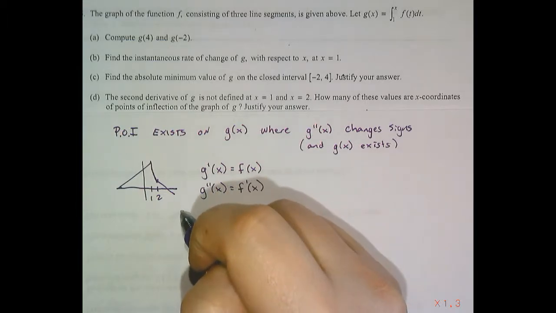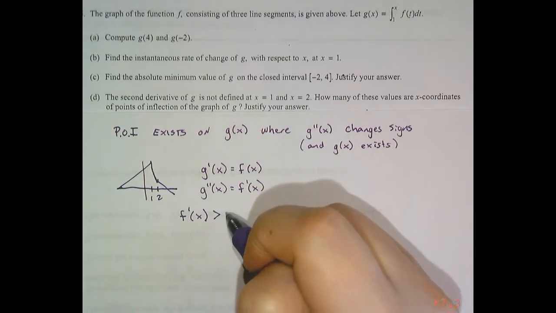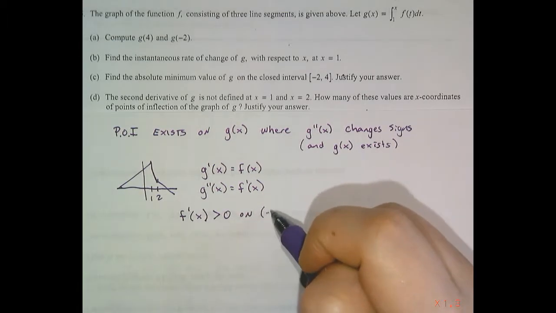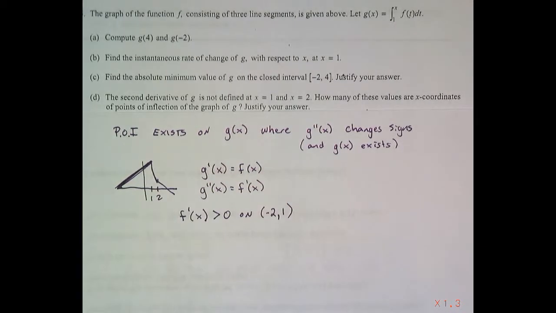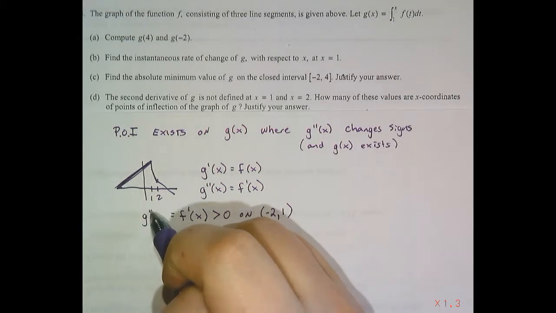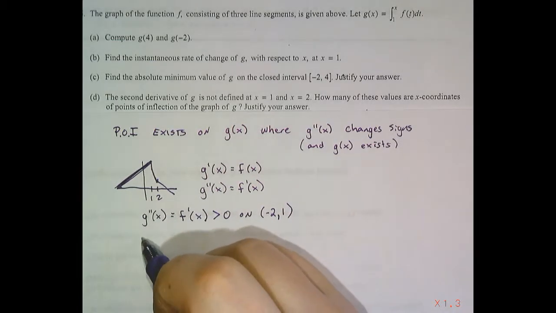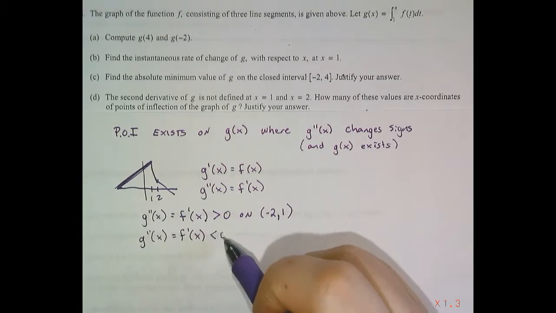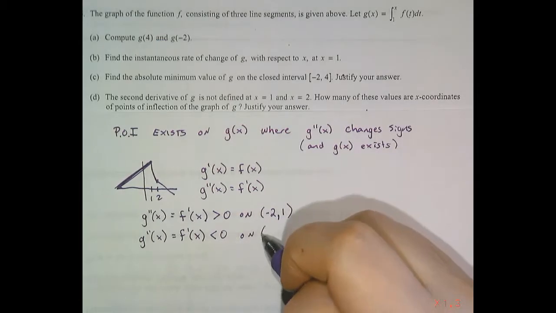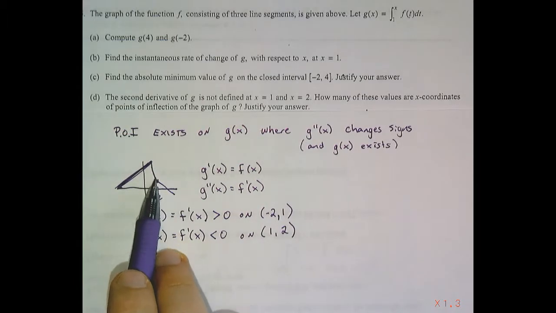So f prime of x is greater than 0 on the interval -2 to 1 because f is increasing. So consequently, we can also say that g prime prime is greater than 0. Similarly, we can say g prime prime is equal to f prime of x, which is less than 0 on the interval 1 to 2, because the function f is decreasing from 1 to 2.